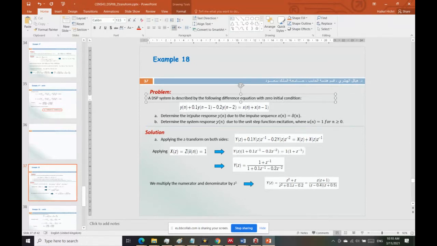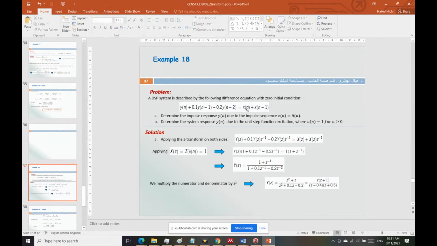Linear means that when you have a linear combination like this and apply the Z transform, you can make it a linear combination of Z transforms. See, this is a linear combination of Y(z) here. Of course here there is a shift, shifted by 2, so it gets multiplied by z to the power of minus 2, and here z to the power of minus 1. The same thing on this side, this becomes X(z), and this one becomes X(z) times z to the power of minus 1. So we are using the linearity property and also the shift property, both.